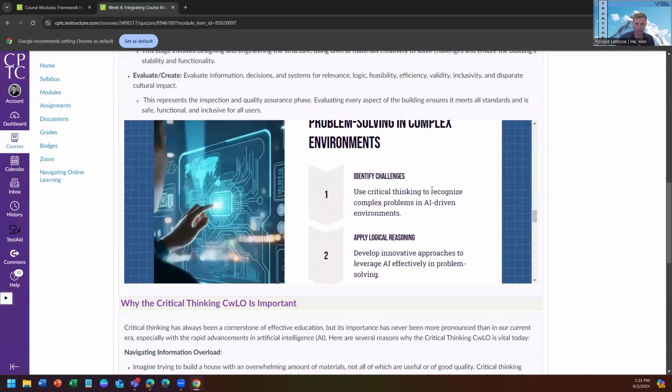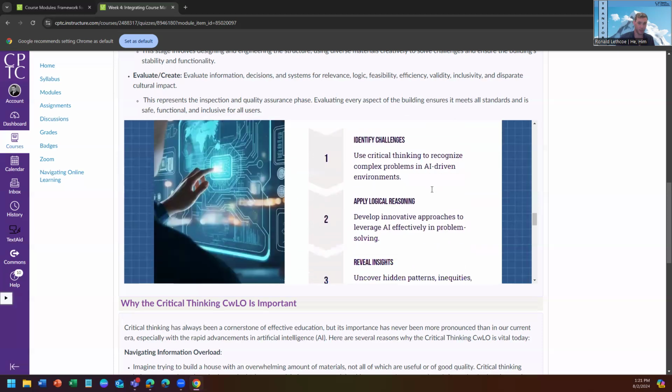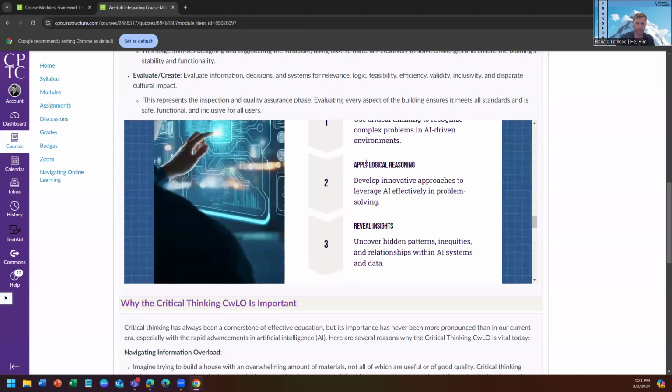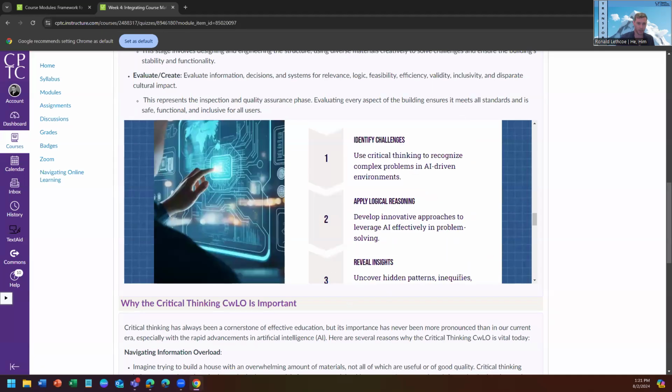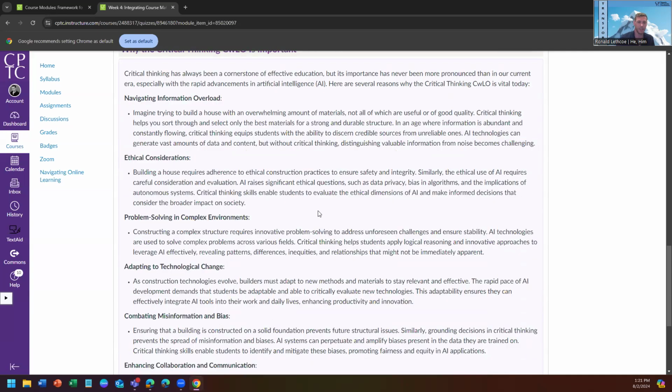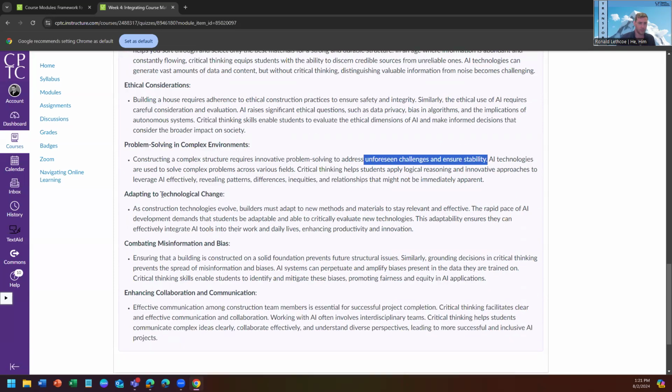Problem solving in complex environments. So critical thinking to recognize problems. This is a lot of AI focused. I think the AI that made this was very AI happy. So innovative problem solving, unforeseen challenges, ensuring stability. And technological change, that's something that we're going through right now.